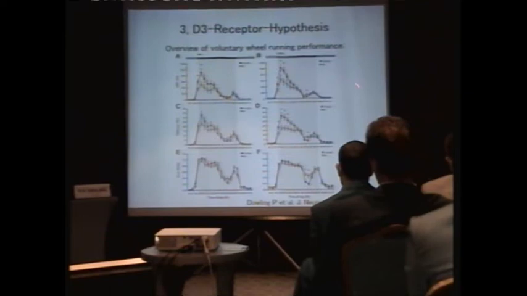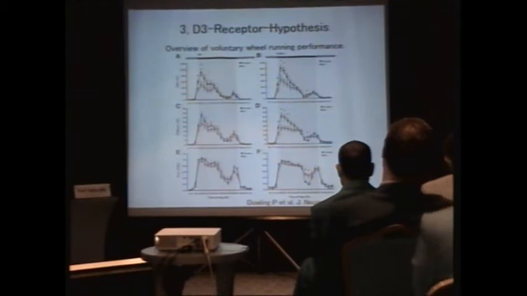Six graphs are there, but only one is important. This is the D3 knockout mice, compared to D3 knockout mice under iron insufficiency.